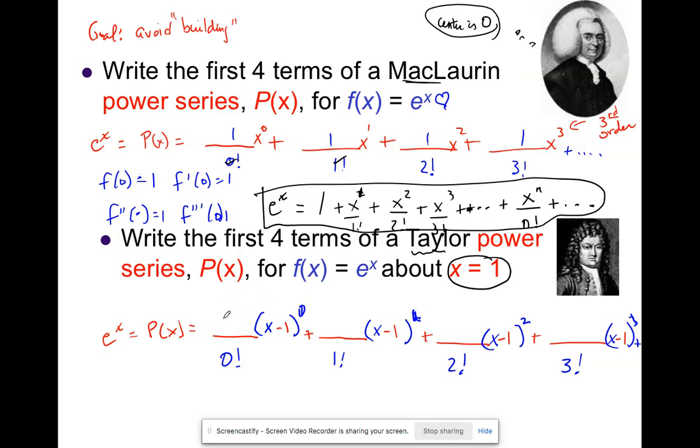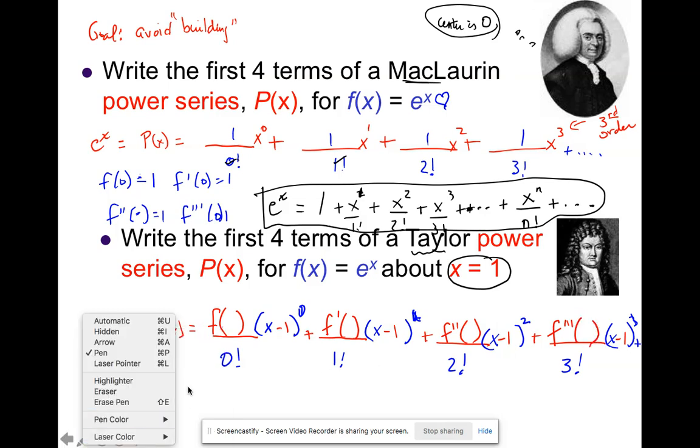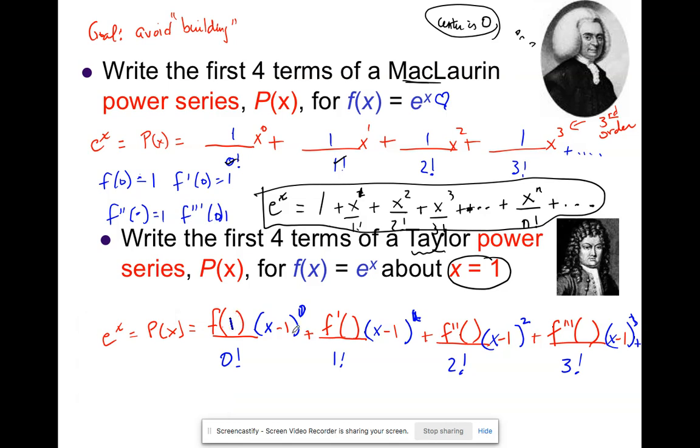And then when you evaluate right here, you plug in what to the derivatives? 1. So 2 places the center has to go: into the function, into the derivatives.